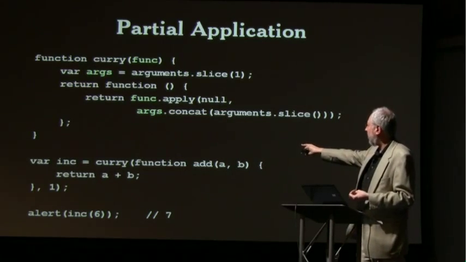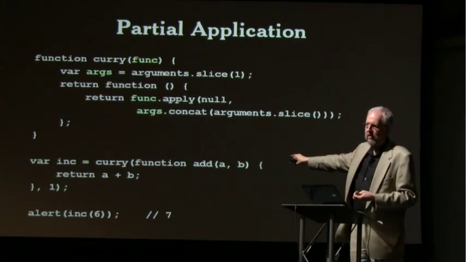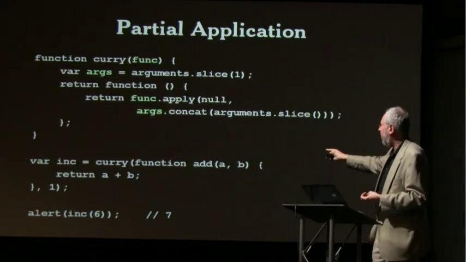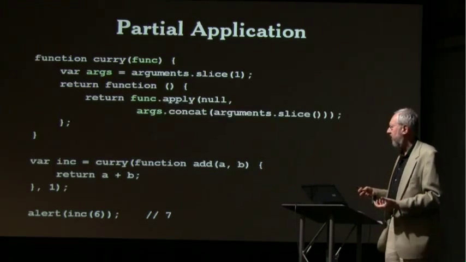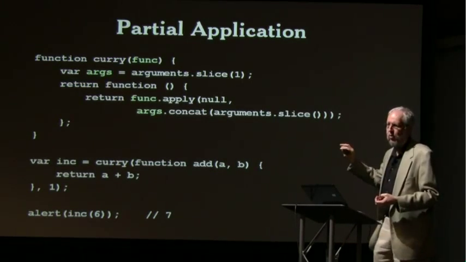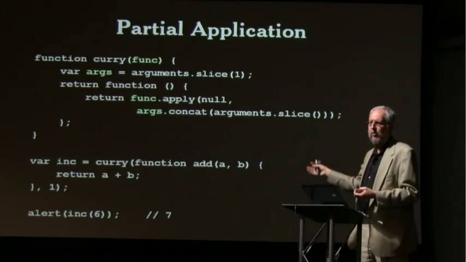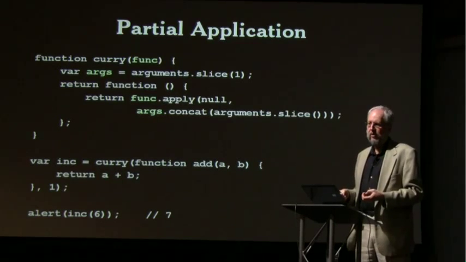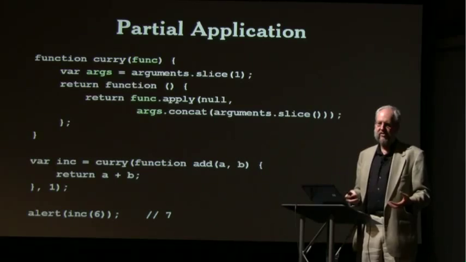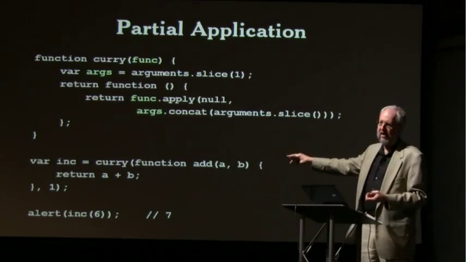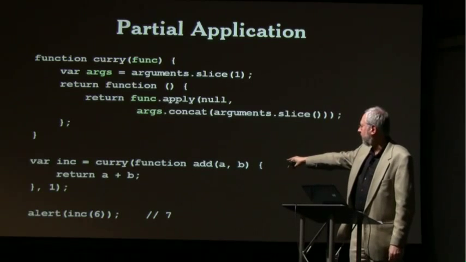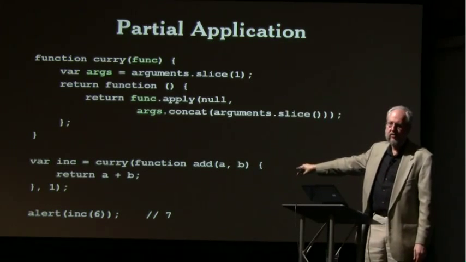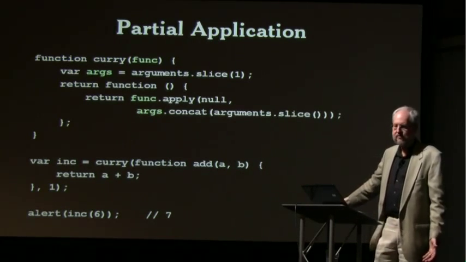Using a function called curry, I'm going to pass it an add function, which takes two arguments and adds them together, and I'm going to pass it 1. And it will return a function which will add 1 to whatever gets passed to it. So I'm going to store it in inc because that's a good name for that. And then I can call it. So if I pass a 6 now to inc, I get 7.